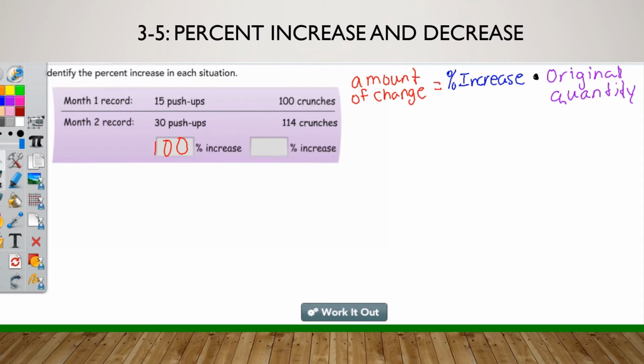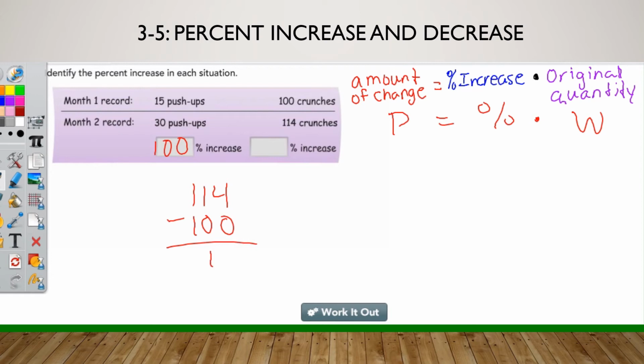But now we can go ahead and start substituting our information in. So our equation is part equals percent times whole, which in this case, the part is the amount of change. And to figure that out, we have to subtract month 1 and month 2. And when we subtract 114 and 100, we get 14.